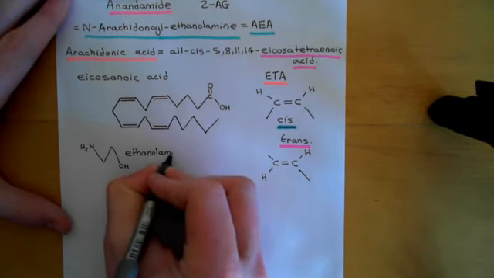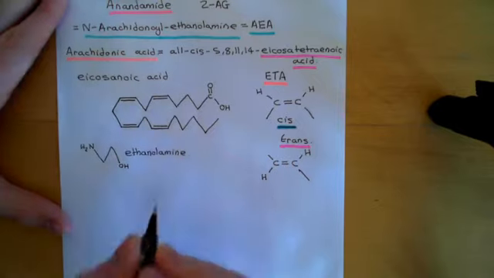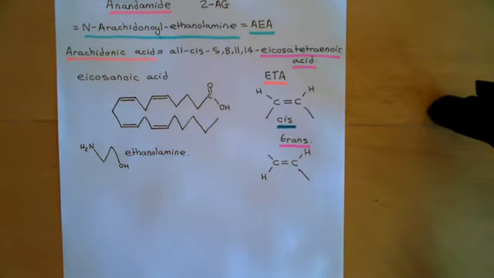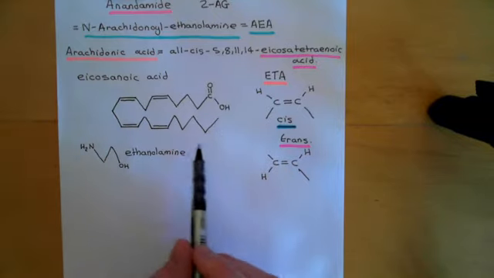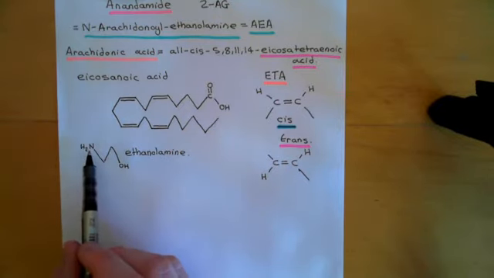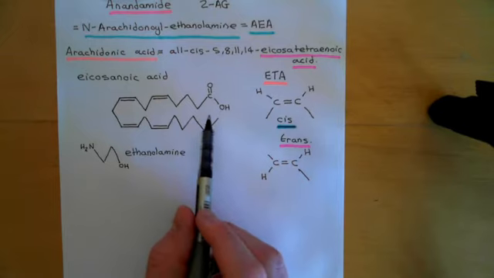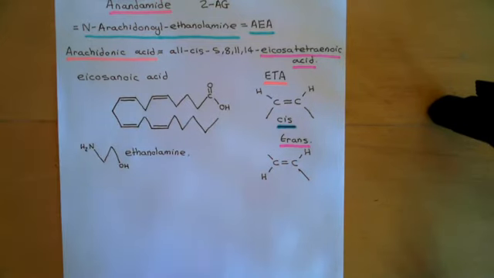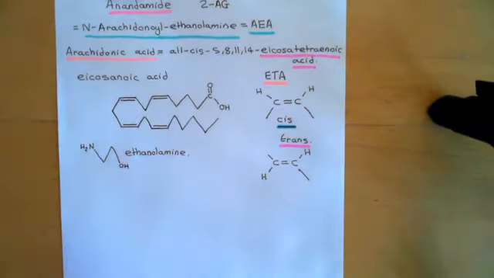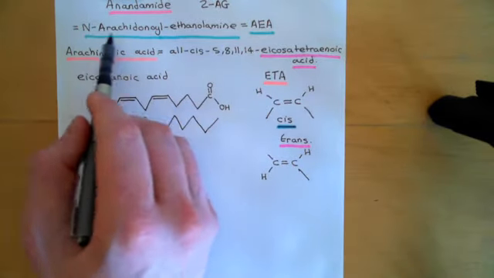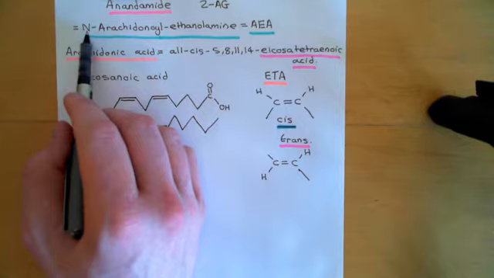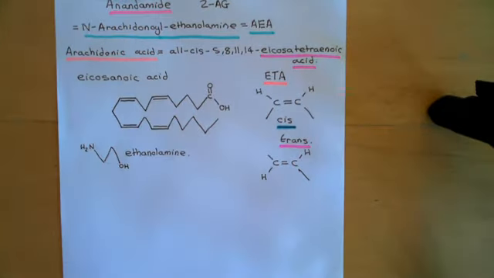Now, what we're going to do to create N-arachidonyl ethanolamine is bind this molecule to the arachidonic acid. We're going to react this amino group with the carboxylic acid group with an amide link. And that will create N-arachidonyl ethanolamine because we've attached arachidonic acid onto the amino group. That's why it's N-arachidonyl ethanolamine.